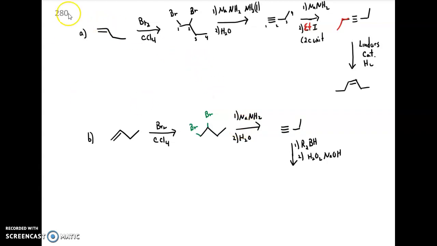And this will give us, remember, this puts an OH on the less substituted carbon. So we'll get a double bond, we'll get an OH here, and remember we've got 1, 2, 3, 4 carbons. This is an enol, so this is not going to be stable, we're not going to be able to isolate it.